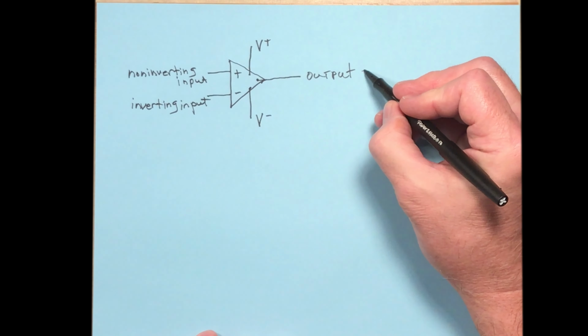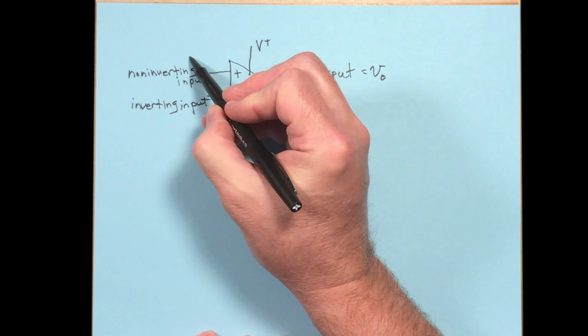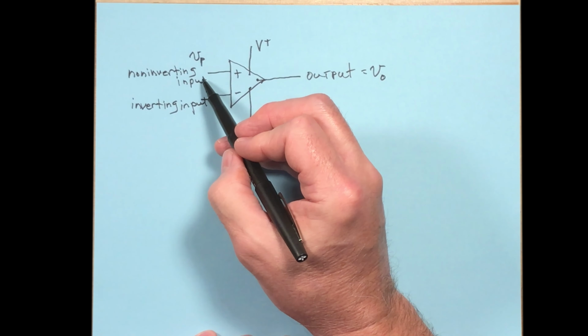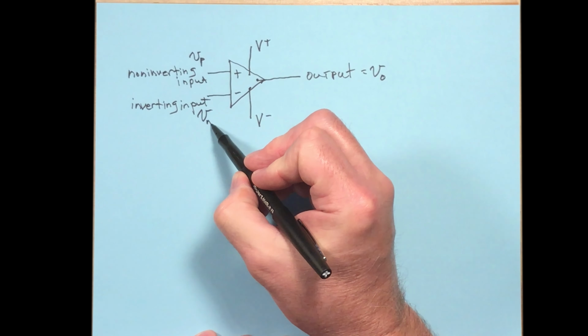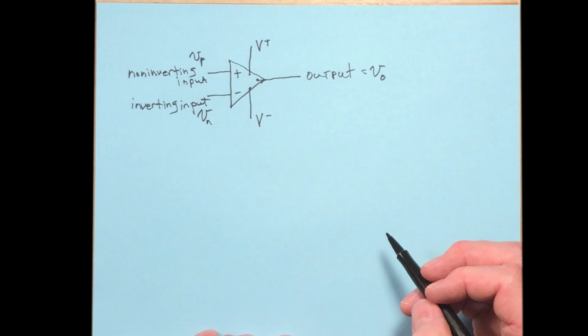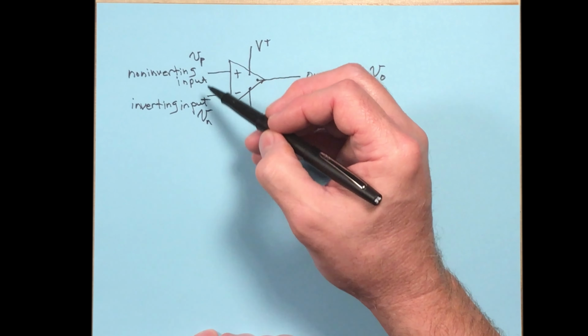So if we say this is V output, and let's call this Vp, the P will go with positive, so it's the non-inverting input, and Vn is the inverting input, so the N stands for negative in this case. Then the output over here is related to the difference between these two.